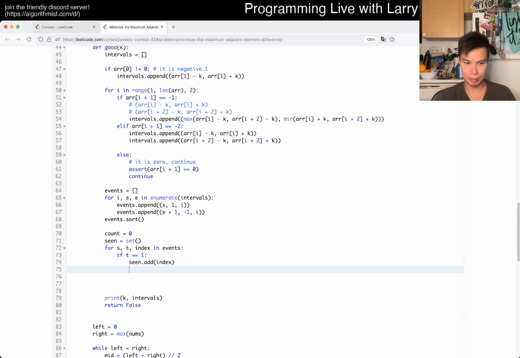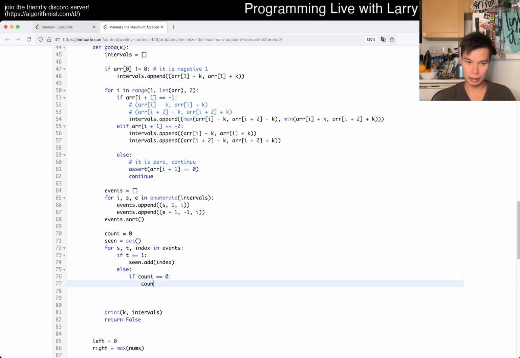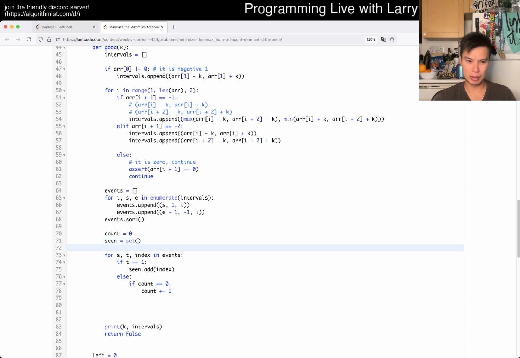Like this, right? And else if it's -1, then now count is 0, we increment, and then seen is equal to... basically we want to ignore future use of this, so maybe we just do, yeah, okay, maybe.